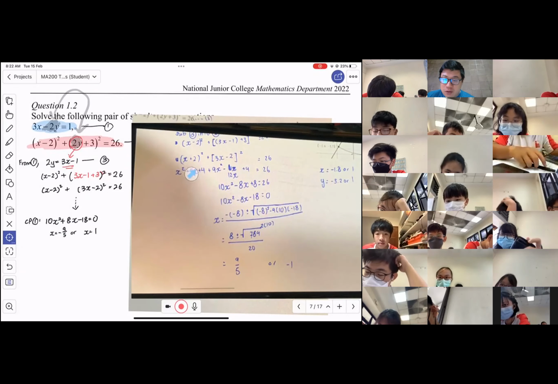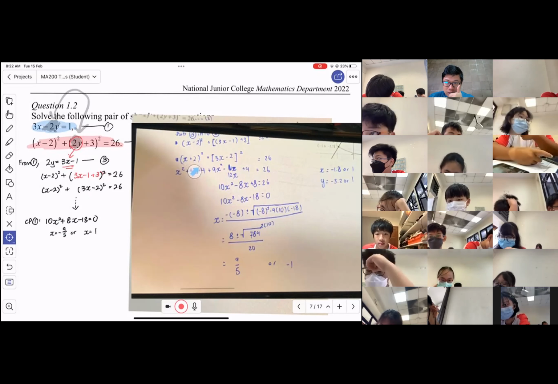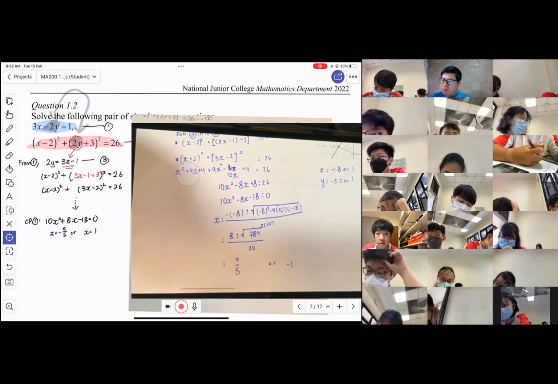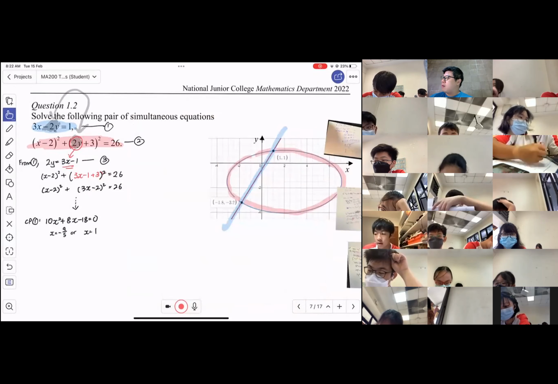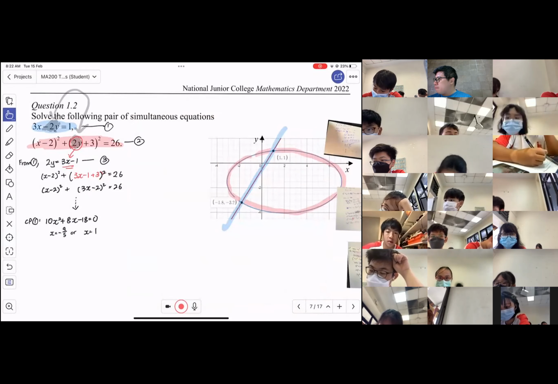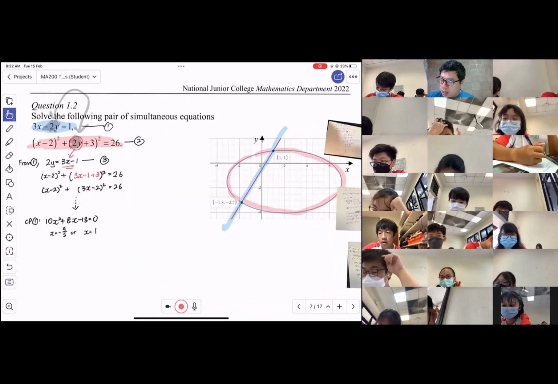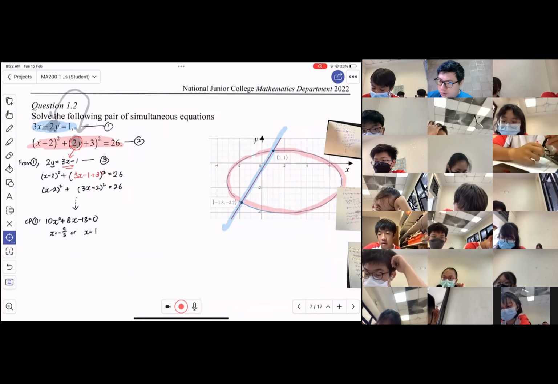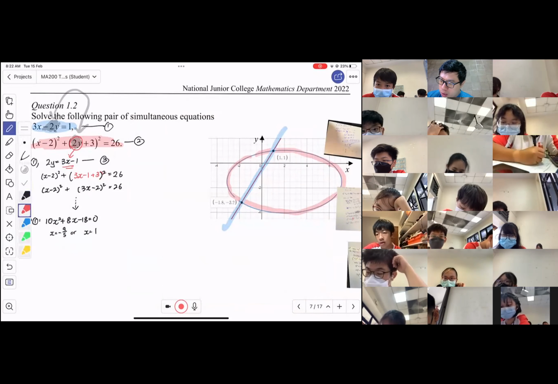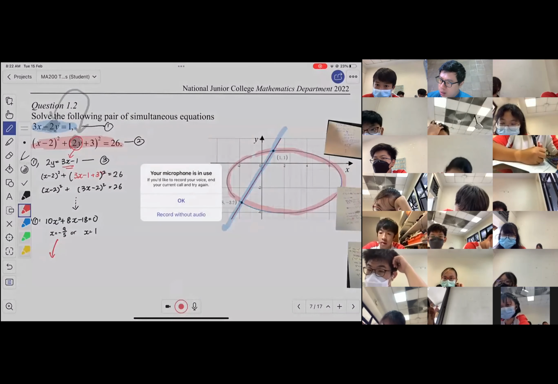You can just give me a thumbs up. Okay, good. So this is minus 4. So keep your messages coming. So when x equals negative 9/5, this will render you the next checkpoint.